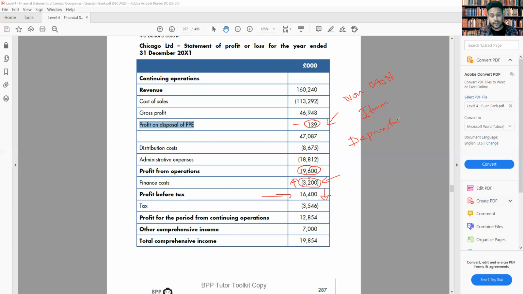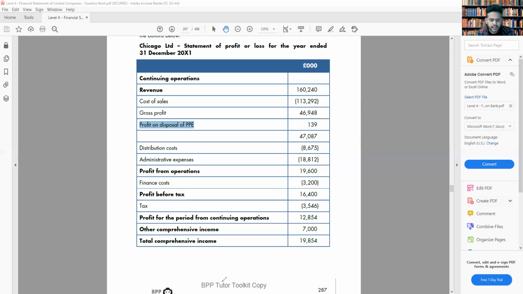It's just on paper, because we prepare the financial statement based on the accrual concept. Every year we reduce the value of the non-current asset, but there is no actual movement of cash. So for that reason, depreciation is a non-cash item. We have to add back this one. So all of this we're going to see in the operational activities.